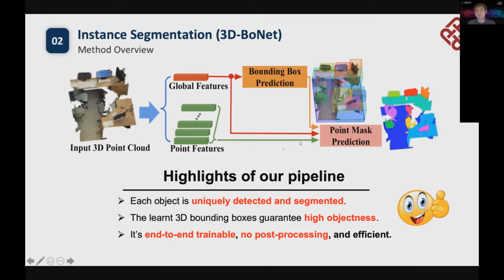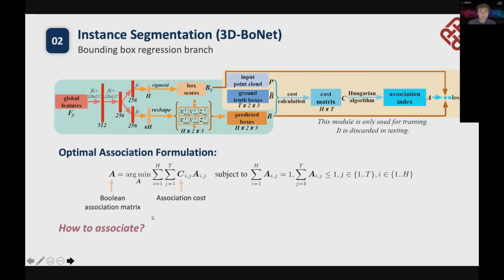One component is to draw a rough box for every object. And then we just focus on each object and identify the individual objects, the foreground and the background. That's it. We don't have heavy post-processing, and we have very high objectness for every object.